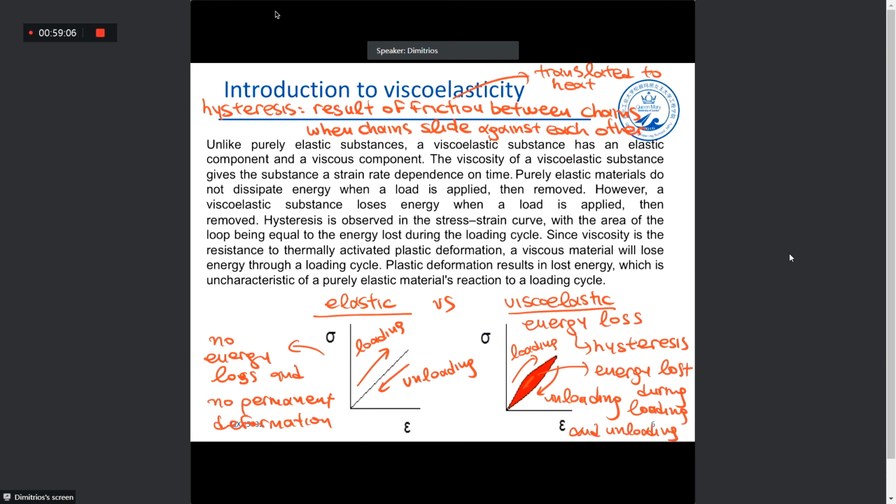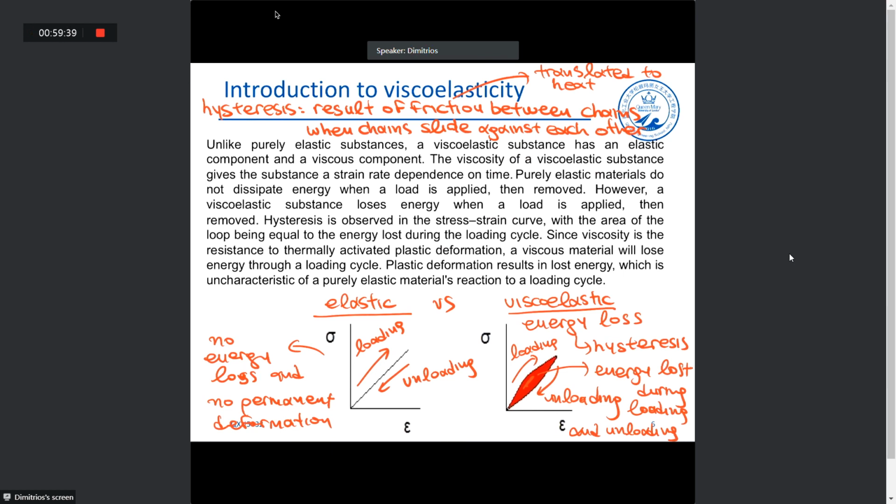And this heat that is essentially emitted from the polymer during loading and unloading cycles is essentially lost to the environment. As a result, the stress-strain curve during loading has a higher area under the curve than it does during unloading, and that is where this difference in the two areas is originating. Okay.